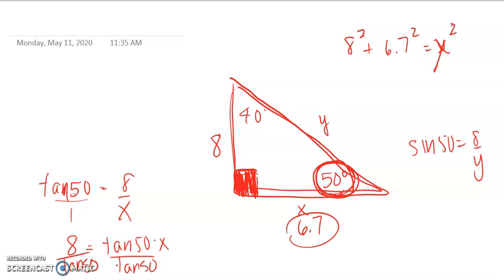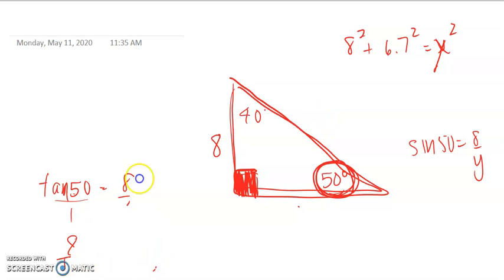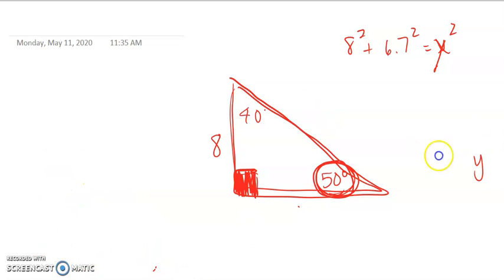The other thing I hope the video helped you explain is that the value of this 50 degrees is the same in every single triangle. Now, when you have the value of 50, there's only one single ratio that allows us to find this side. So when we found the side at 6.7, if this is 50 degrees and that's 8, it's always going to be 6.7.